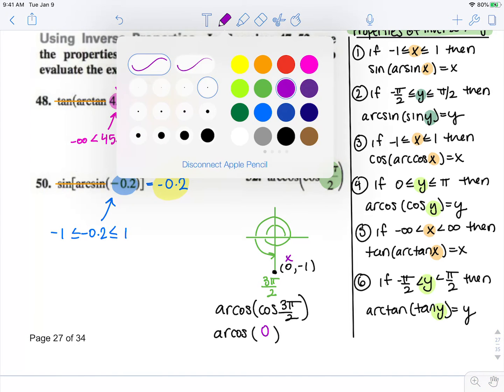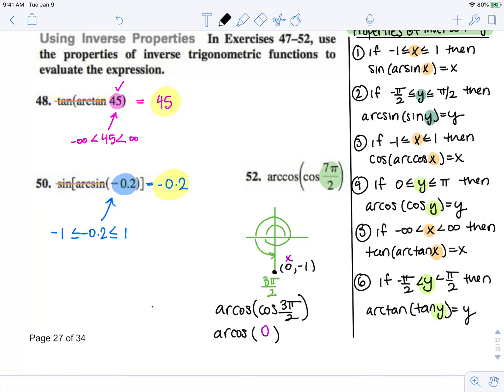If I'm trying to figure out arc cosine of 0, I know that arc cosine goes from 0 to pi in my unit circle. And we know the only place on that unit circle where cosine is 0 is here at this coordinate, 0, 1. And that angle is pi over 2. So therefore, this final answer is pi over 2.